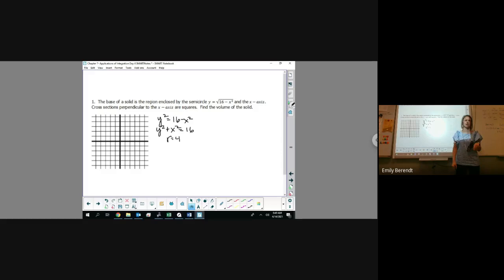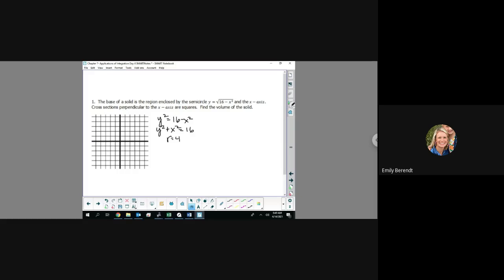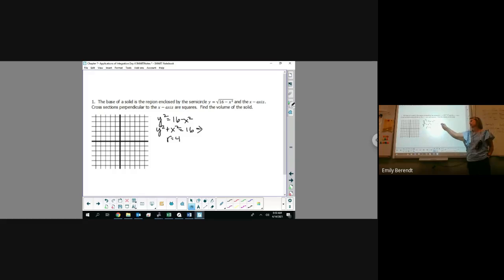And if I were to just have given you the y squared plus x squared equals 16, if we were solving to isolate y, we'd subtract that x squared over, and you'd have 16 minus x squared. And then when you square root it, how many answers does it produce? It produces 2, a positive and a negative square root of 16 minus x squared.